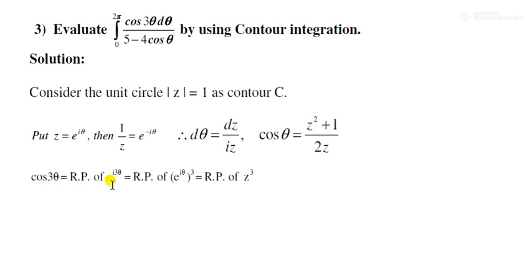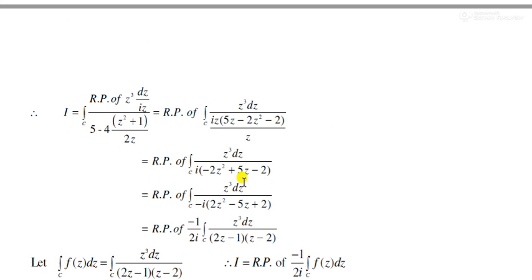Cos 3θ can be written as the real part of e^(i3θ), and this e^(i3θ) can be written as (e^(iθ)) to the power 3. So this is equivalent to the real part of z³. So the numerator is also written in terms of z.